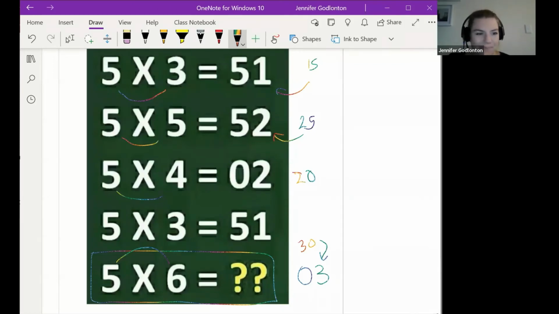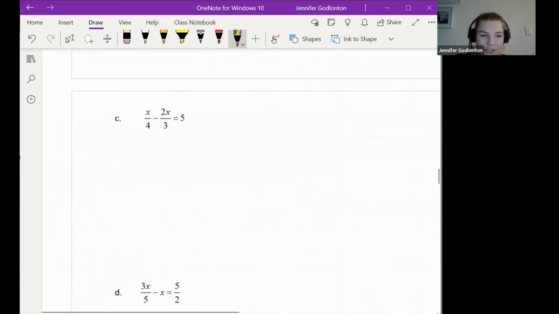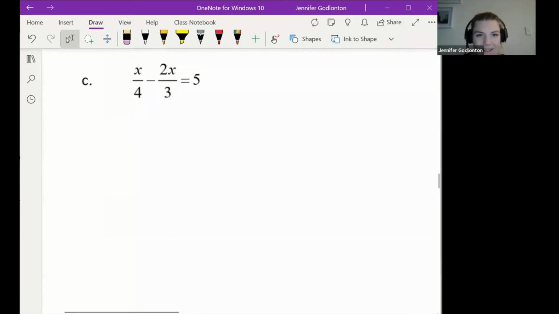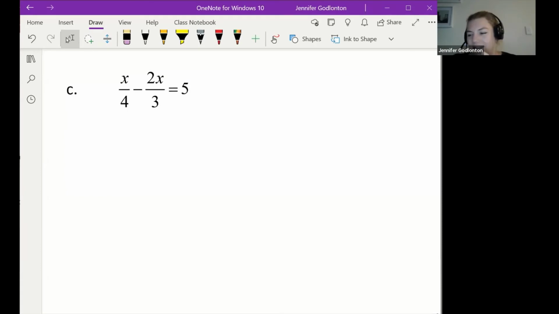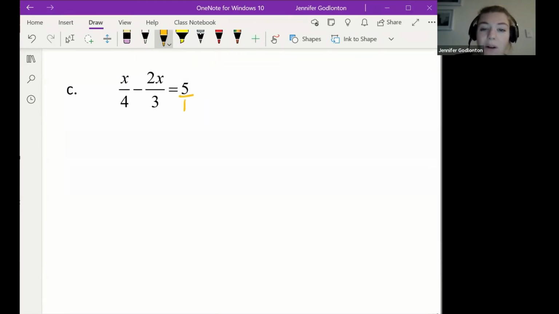Nice, well done. Let's have another look at these questions. The only difference here is that instead of having the same number across all of them, now I've got different ones. I'm not going to do this one for you. I do want you to work through it a little bit. So if my denominators are 4, 3, and 1, what would my lowest common denominator be?